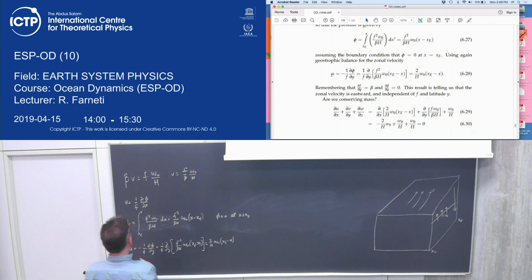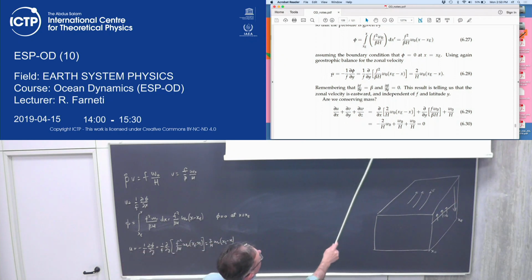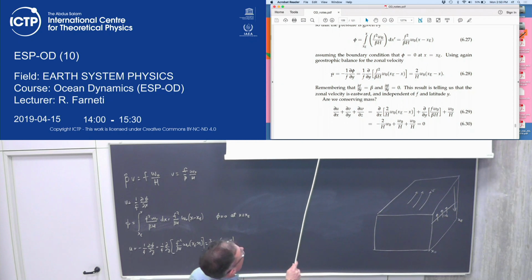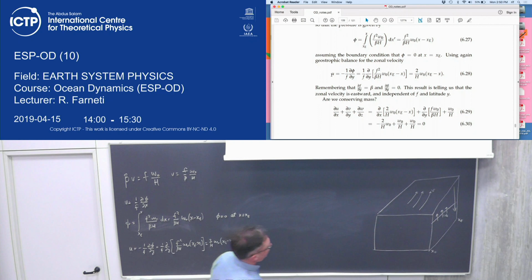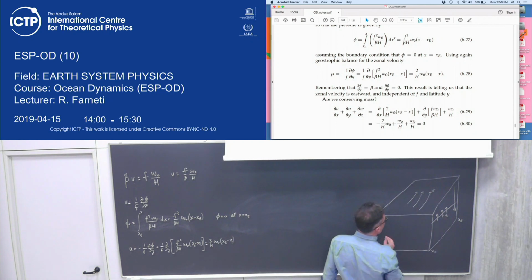So we have a positive meridional velocity and a positive horizontal velocity, okay? This result is telling us that the zonal velocity is eastward. It's towards the east.